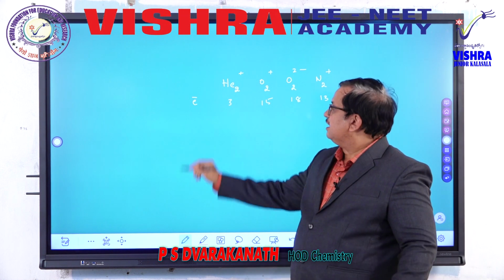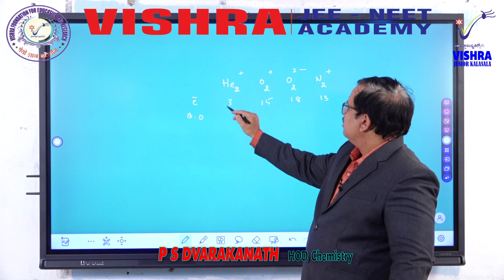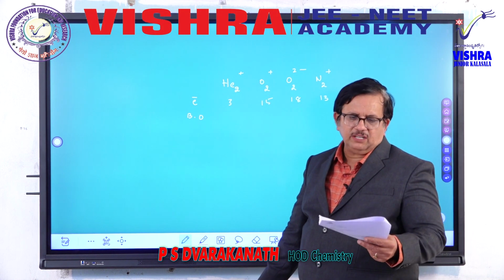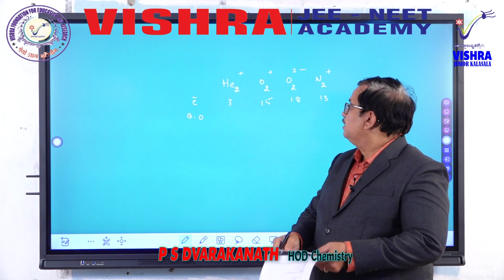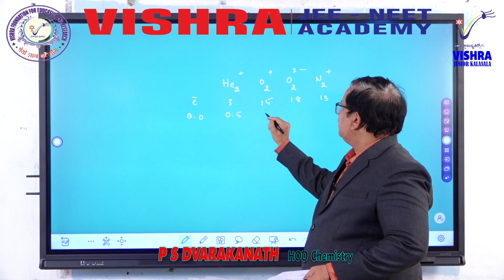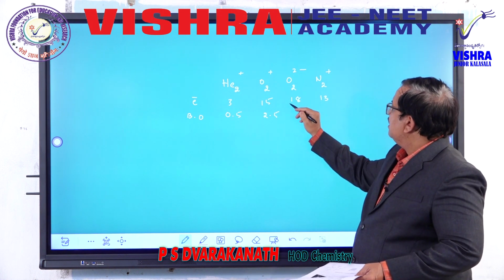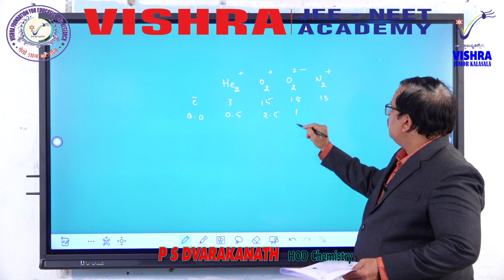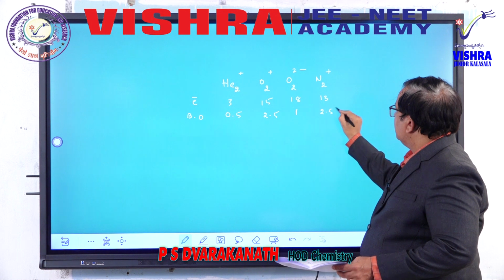Then what are the bond orders? Bond order and magnetic nature. As the total electrons are odd in number, automatically they are paramagnetic in nature. And next, the bond order here is 0.5, it is 2.5, and O2 2 minus has 1 bond order, but this 13 has 2.5.